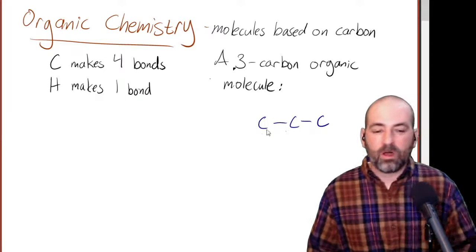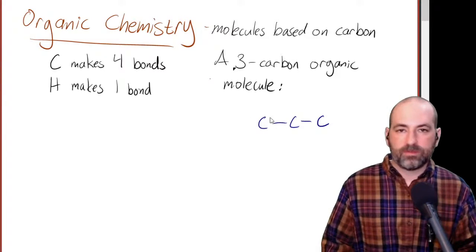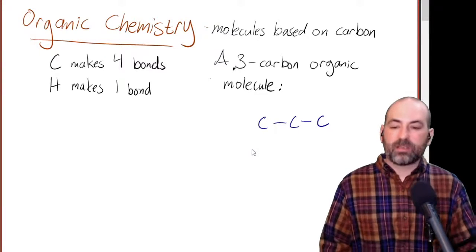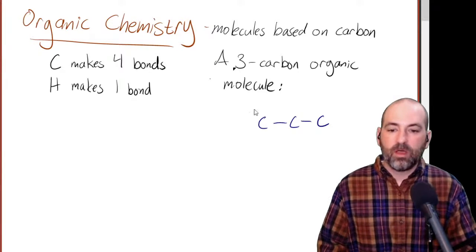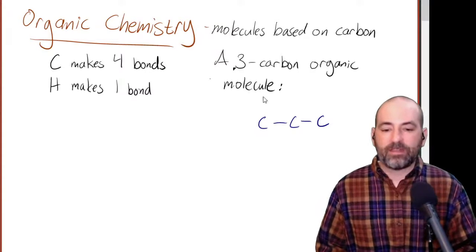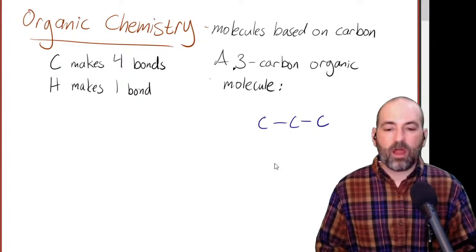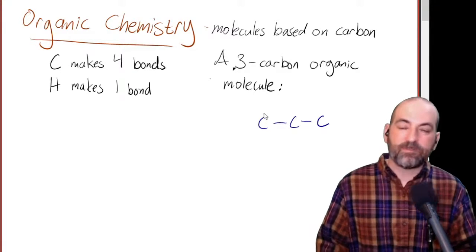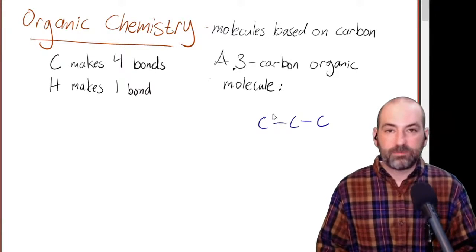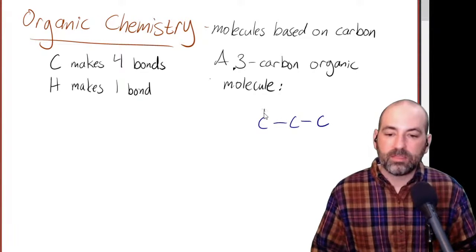And then we can already kind of think about how the rest of the structure has to look, because carbon has to make 4 bonds. So we can't leave them like this. We have to add stuff so that carbon can make 4 bonds. And the stuff that we're generally going to add to fill in the space in an organic molecule is hydrogen.